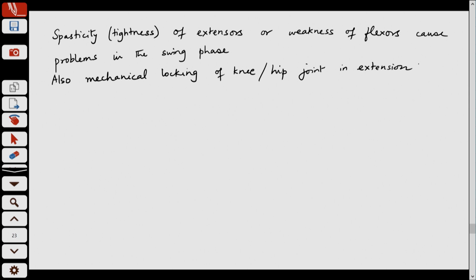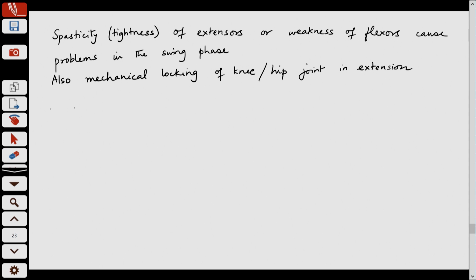Stability is very critical. So, if the person has weak extensors and they are not able to maintain the stability, then it is basically like two rods connected by a loose spring. So, when you load the rod, it is not going to be able to bear the weight. The knee will buckle.